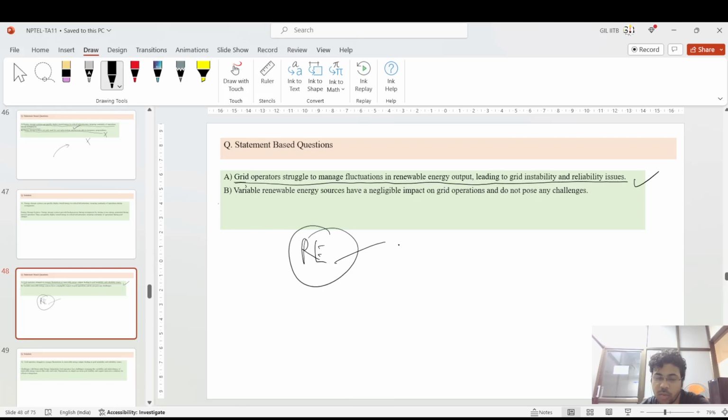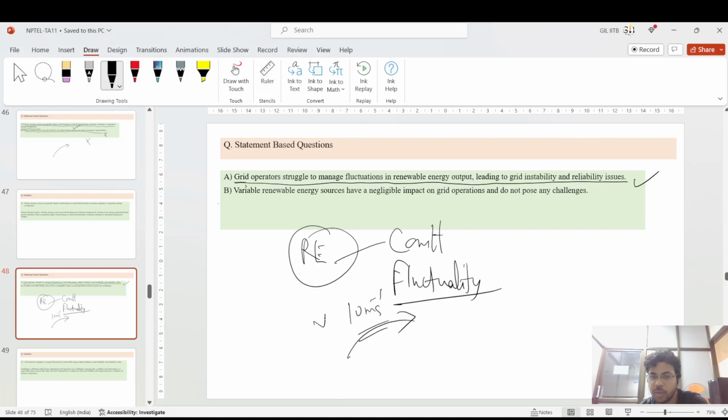This is true, in the sense that renewable generation is not constant. It is fluctuating, so you have no idea at what speed the wind will blow. Suppose you expect generation at a wind speed of 10 meters per second at 9 a.m., but it drops to 2 meters per second, so it does not generate that much.